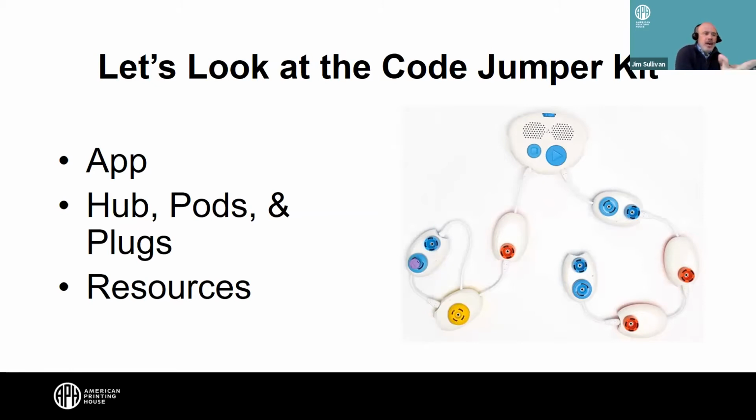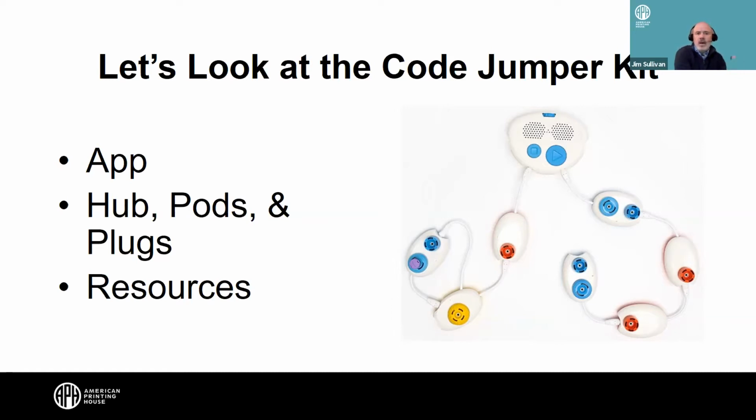It is made up of a number of different plugs that allow you to work with constants and variables. And then as far as resources, the resources include online resources that you're able to download in the form of lesson plans, user guides, and then also videos. So we're going to get into that, and we're going to start specifically with talking about the app itself.